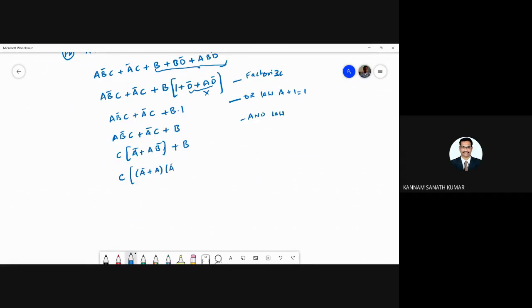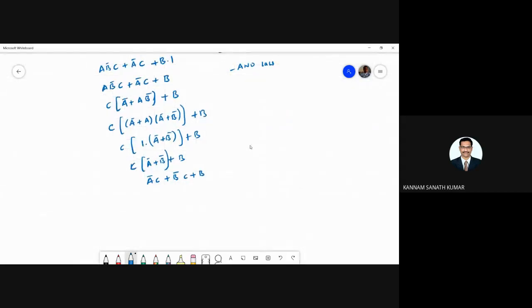A plus A bar plus B bar plus B. So C into, what is this one? 1. 1 into A bar plus B bar, plus B. So C into A bar plus B bar plus B. Again, A bar C, B bar C plus B. So this one, A bar C plus, this one you can write as B plus C. Why?